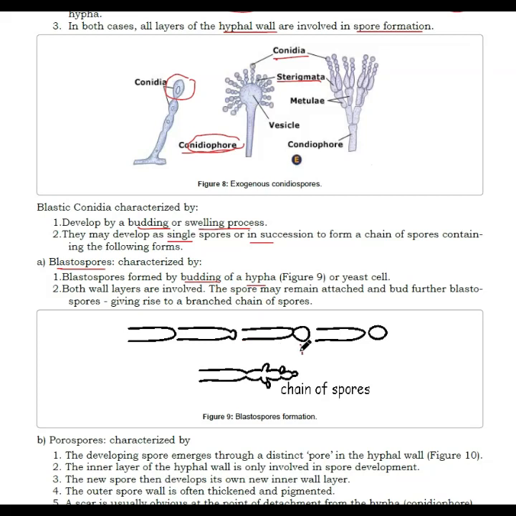You can see that the budding is being formed. In the case of yeast, you have seen that, and here both wall layers are involved. The spores are attached and the bud further forms blastospores, and this gives rise to a branched chain of spores.